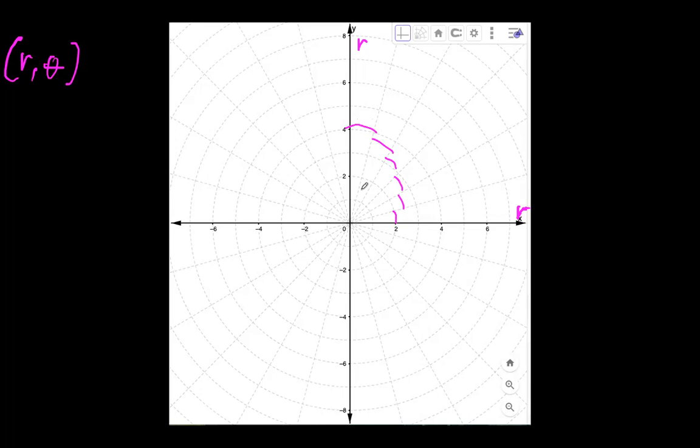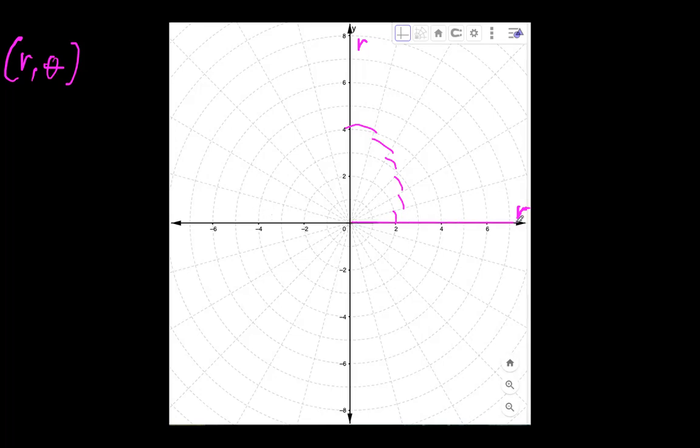Actually, you can divide this quadrant into different subparts depending on the angle that you want to use. In this case, I am using pi over 6. So you can also do pi over 2, pi over 4, and so on. So the radius is this.